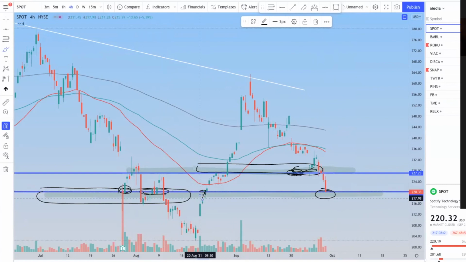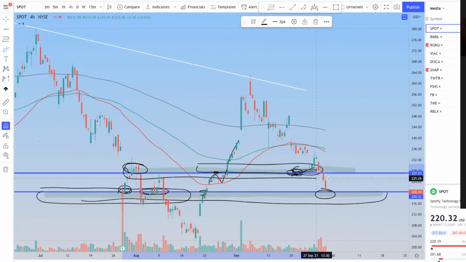Here, not so much. Here, that's pretty good. Same here, it's good because it bounced, see, from here like that. Okay. So you see, just by doing the volume profile, I was able to find resistance and support zones in just a few seconds.